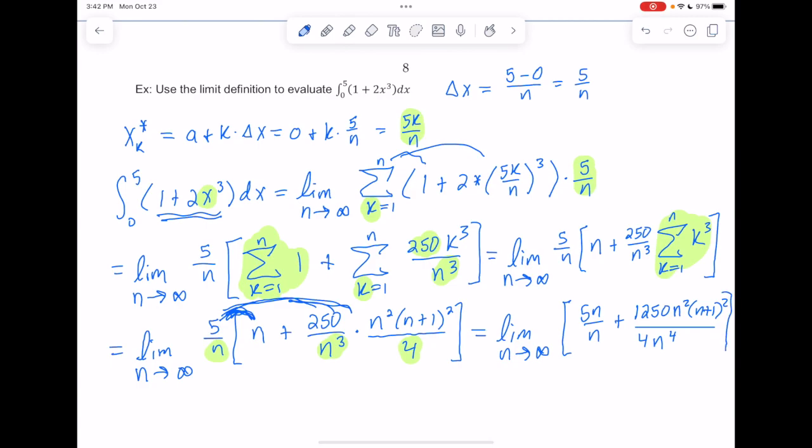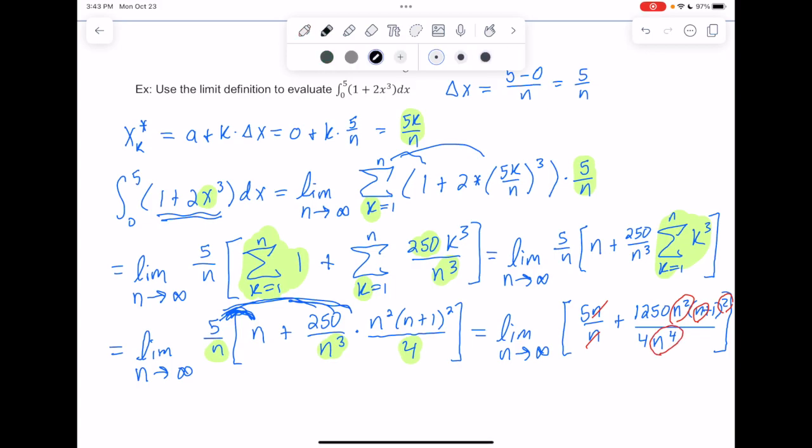And then all of that, we want to take the limit of. So for the first one, it's pretty easy. The n's cancel, and we just get 5. On this piece, what you need to see is that we have a square here and an n, so that's an n squared, and then another n squared, so that's going to be n to the 4th in the top. And we also have n to the 4th in the bottom.